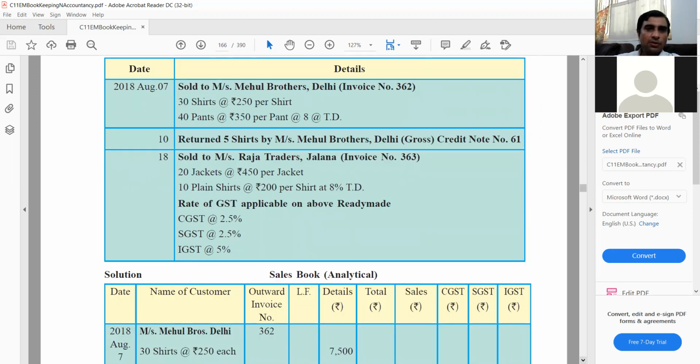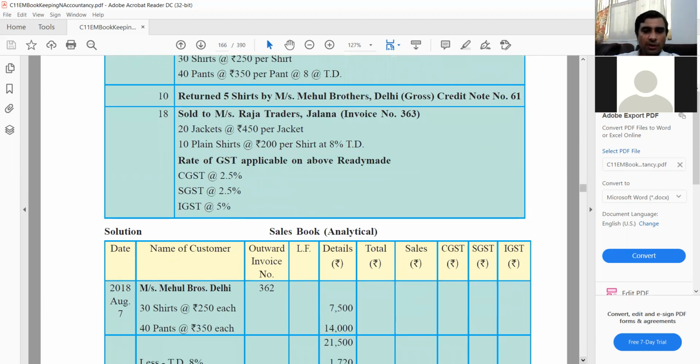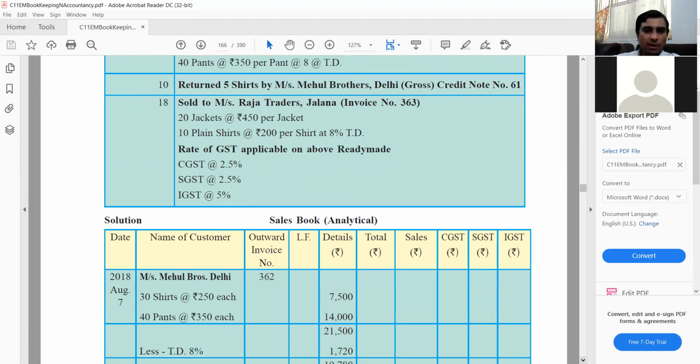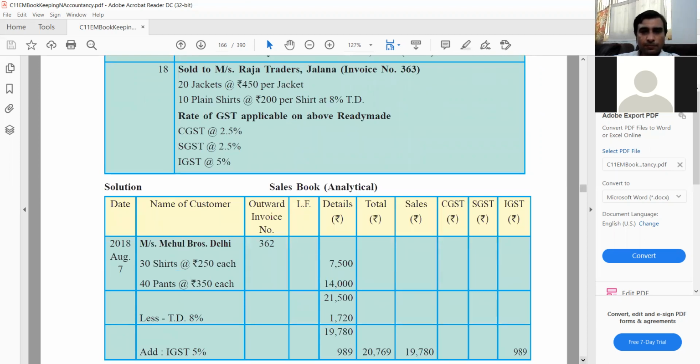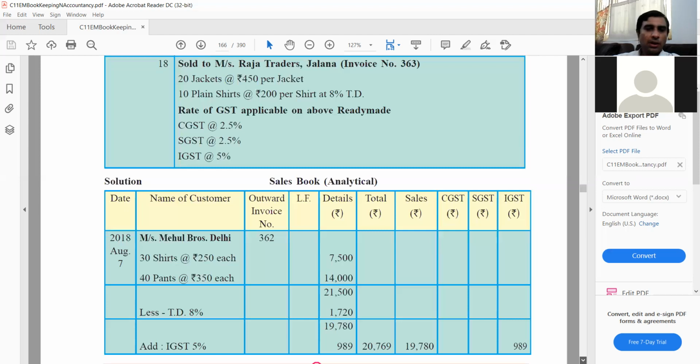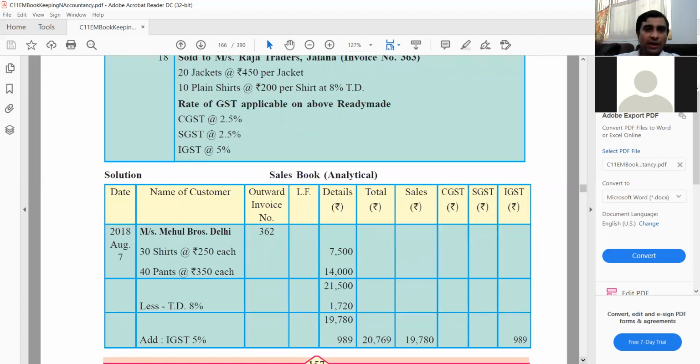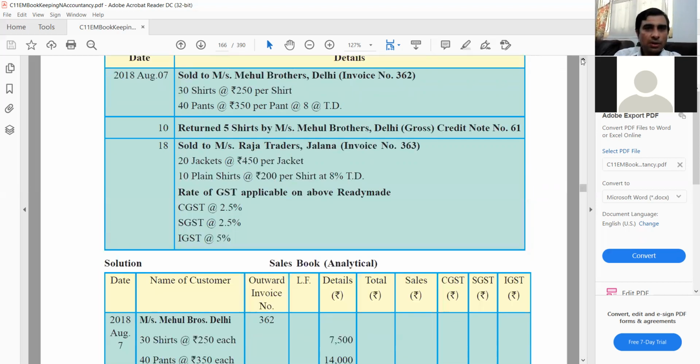Okay, so 14,000 plus 7,500 is 21,500 minus trade discount 8%, 1,720, so 19,780, and IGST is 5%. So why is it 5%? Because it must have been mentioned in the question paper. Okay, let's take a look.